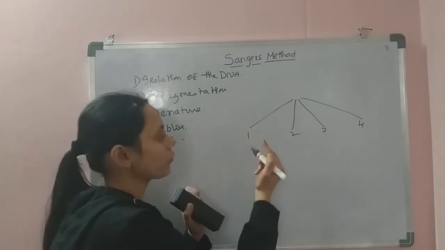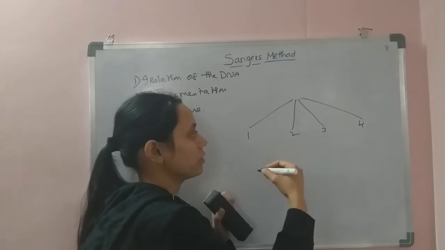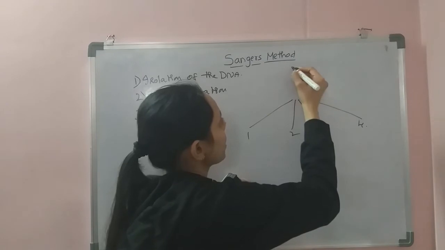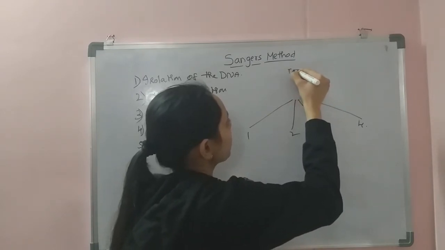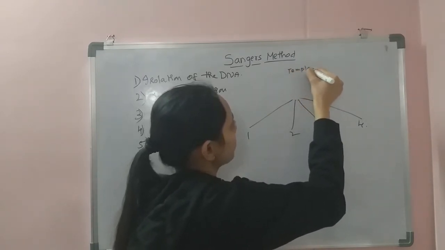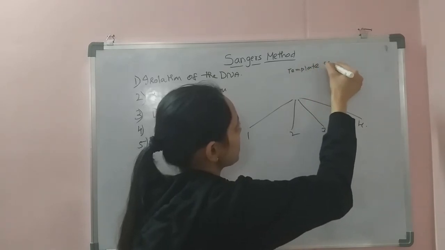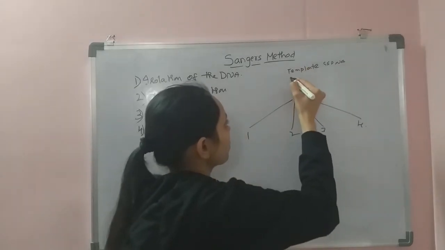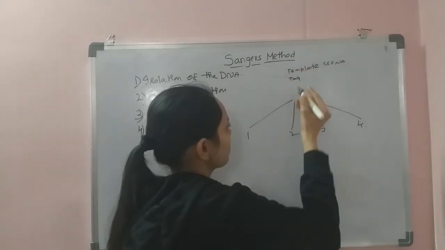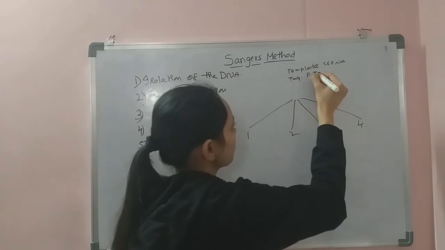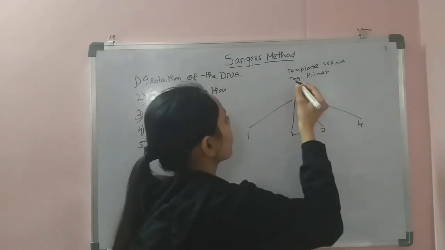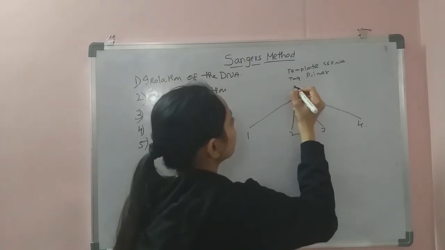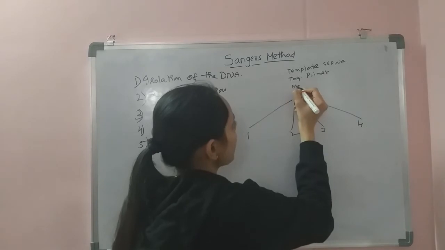The PCR ingredients that are commonly added to every reaction tube are the template, that means the ssDNA, Taq polymerase, primers, and some Mg2+ ions.